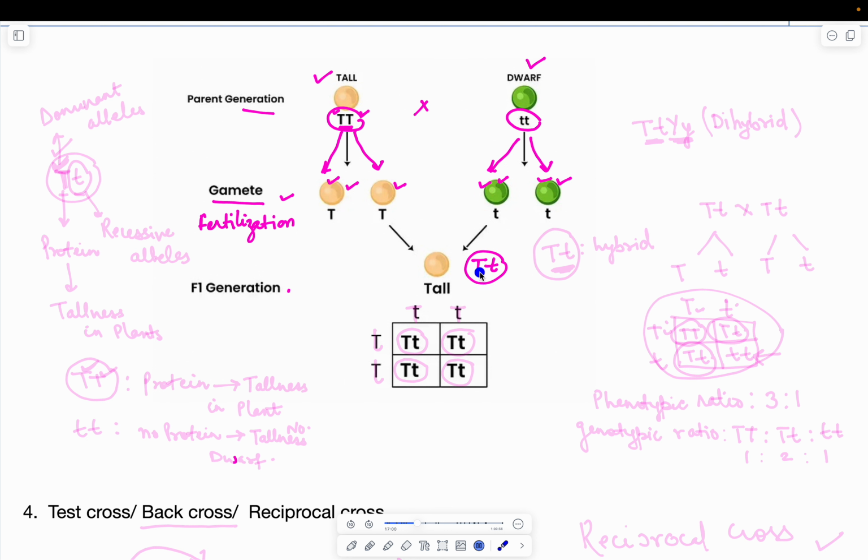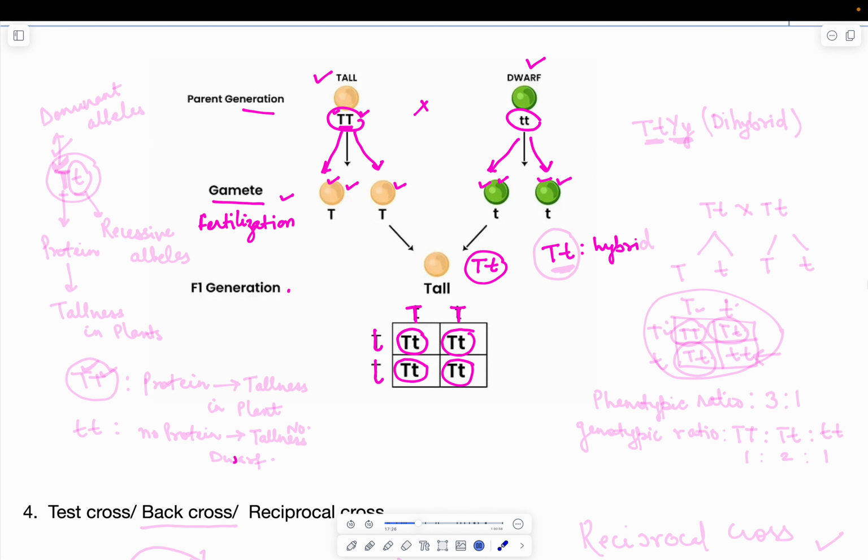So you can write female gametes on the top and male gametes on this side, right? So the possible offsprings, or the genotypes, will be hybrid. They will be heterozygous, right? The F1 individuals are heterozygous. Heterozygous are also known as hybrid.